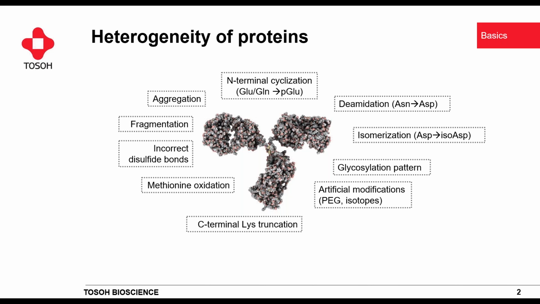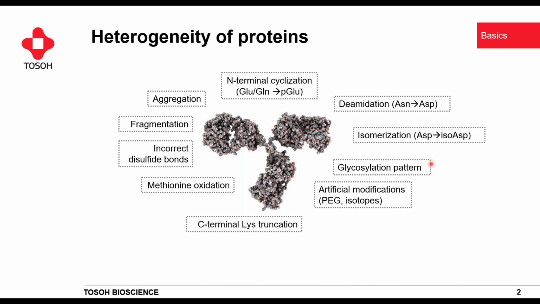After production, biotherapeutic samples might contain different variants of your protein of interest, for example. This might be fragments, aggregates, incorrectly formed disulfide bonds, methionines that are oxidized, isomers or N-terminal cyclizations. But it might also be that your target molecules have different glycosylation patterns.